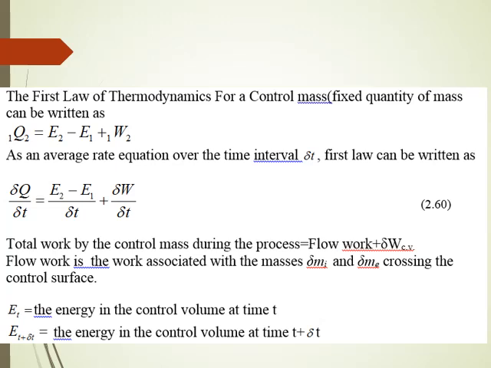Now, as I told you just now, the total work by the control mass during the process will be flow work plus delta wcv, and flow work is the work associated with the mass delta mi and delta me crossing the control surface. Now Et is the energy in the control volume at time t, and Et plus delta t is the energy in the control volume at time t plus delta t.